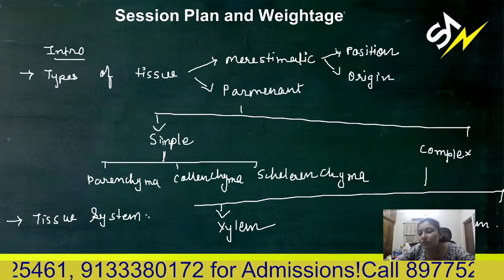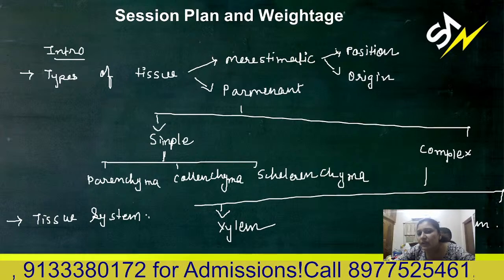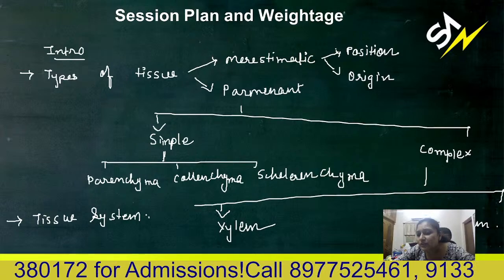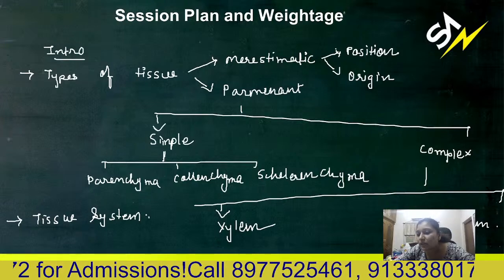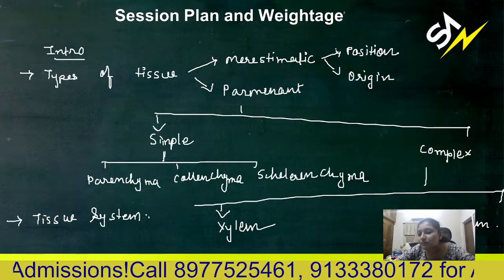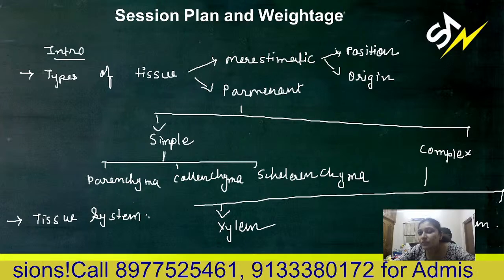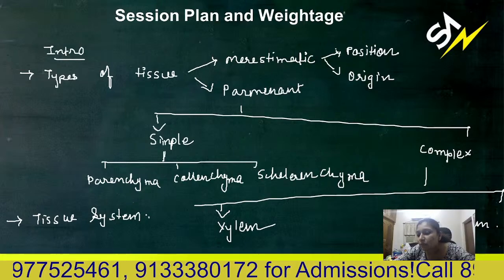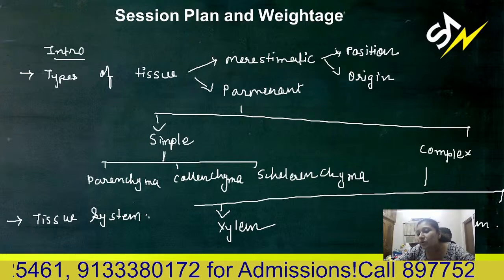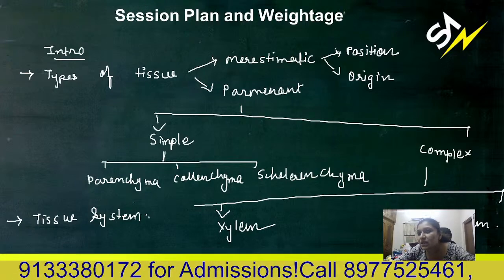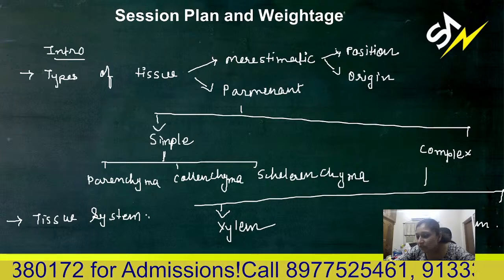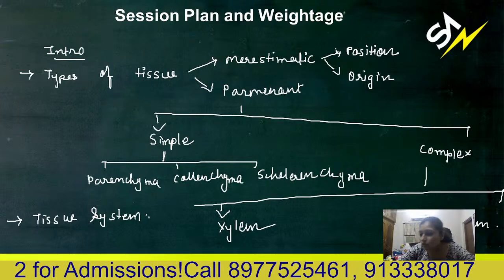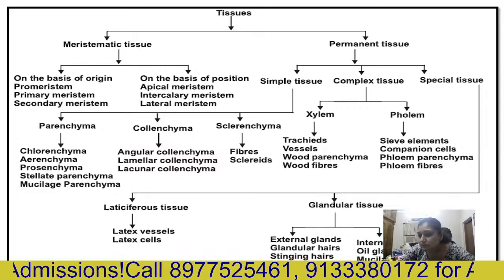In plants, there is no organ or organ system, so we need to study the tissue system. Then monocot root, dicot root, monocot stem, dicot stem, monocot leaf, dicot leaf, bark, lenticels, lateral meristem, and all these things. So let's begin the session.